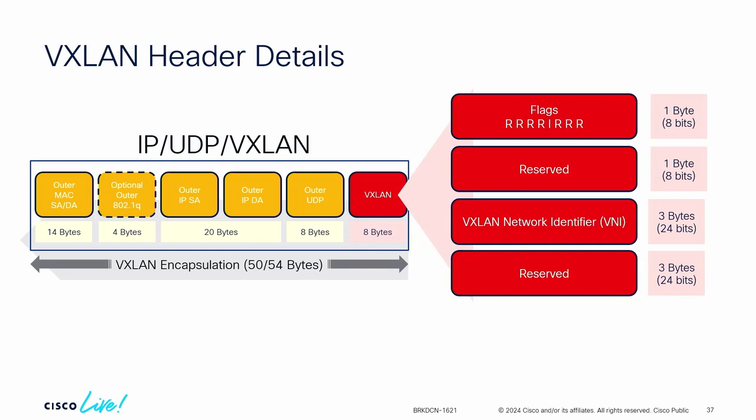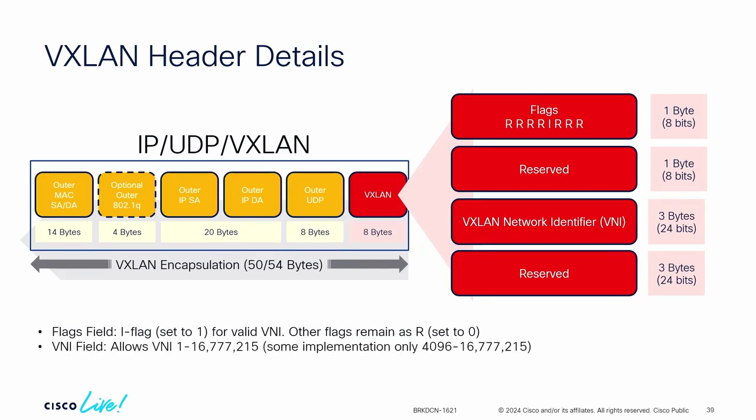Everything else is zero. So that's letting it know that there's a VNI coming, and this is where we see that 16 million segment flexible namespace coming in with these 24 bits. Remember, as I said earlier, VLAN was half of this, and that's why we had 4,000. And then we have this other reserved block. So there are two reserved blocks, but the more important pieces are the I flag and then the VNIs. That gives you your flexible namespace to be able to support the additional scale. So that's what's important there.